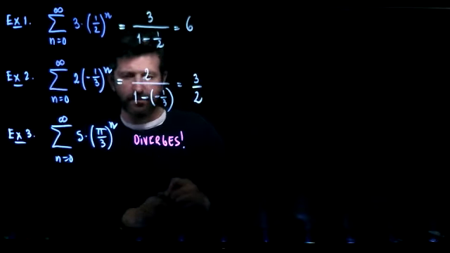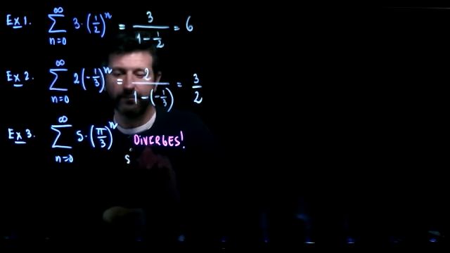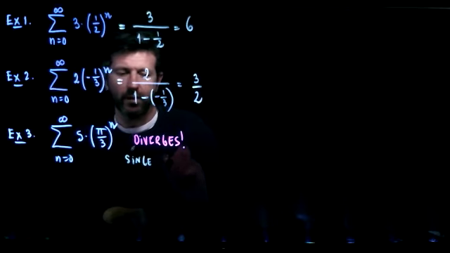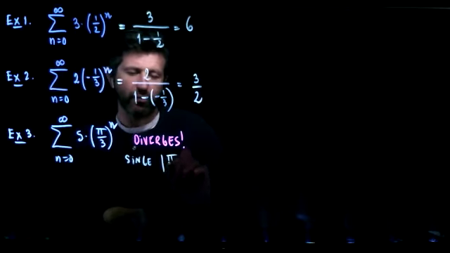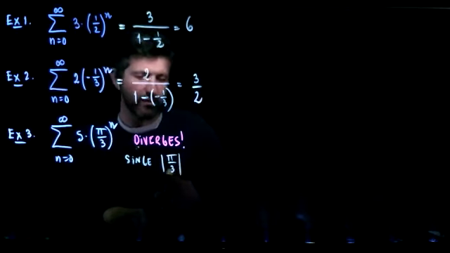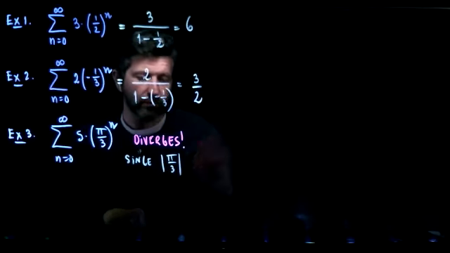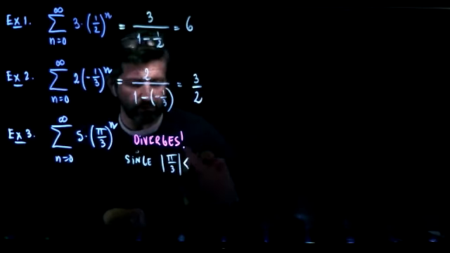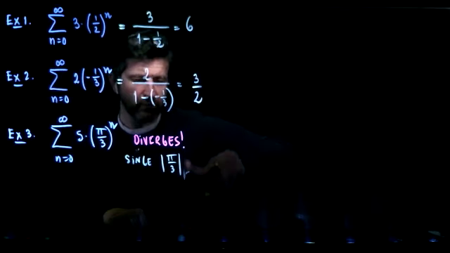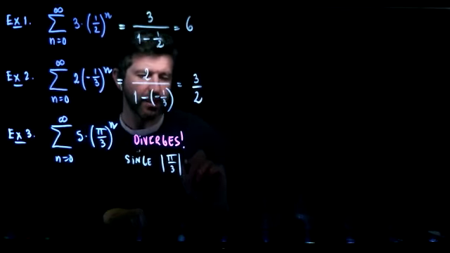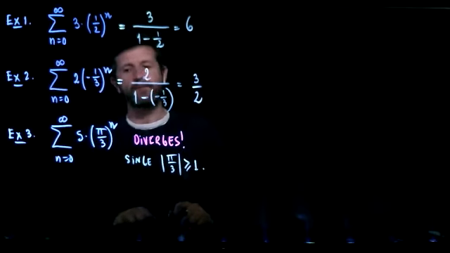I don't care about the absolute value here because it's positive anyway, but to write it exactly like I wrote it, the absolute value of pi over 3 is greater than or equal to 1. So it diverges.